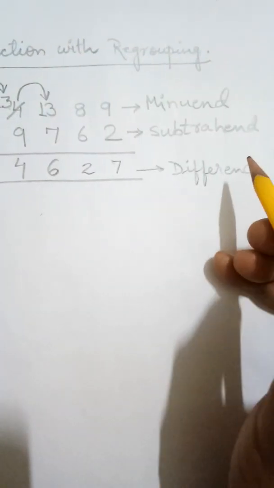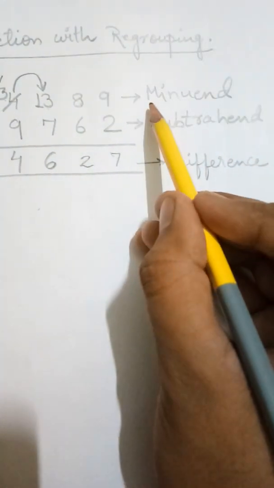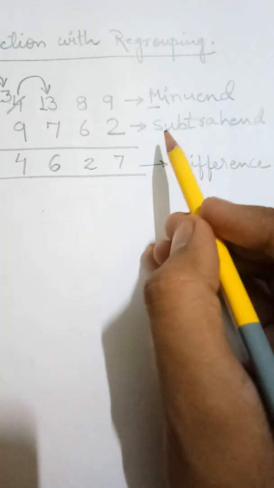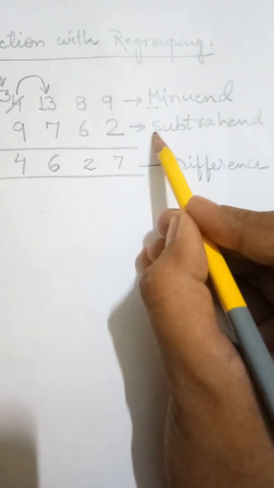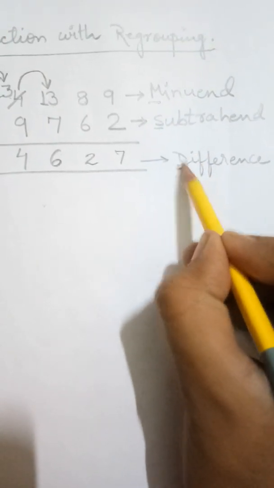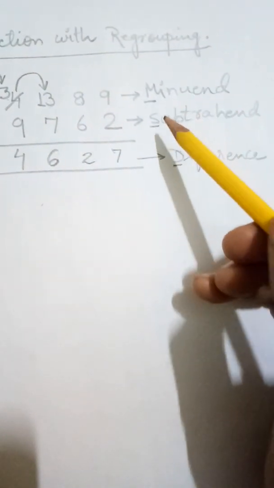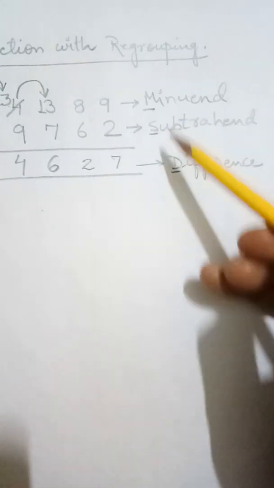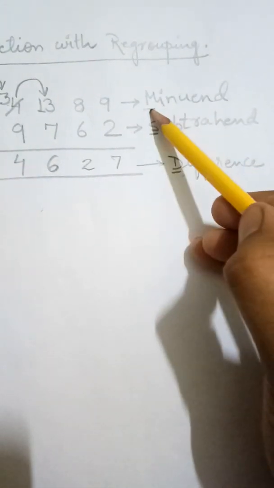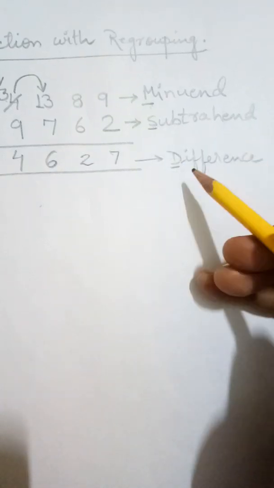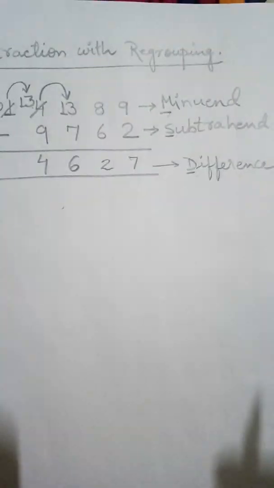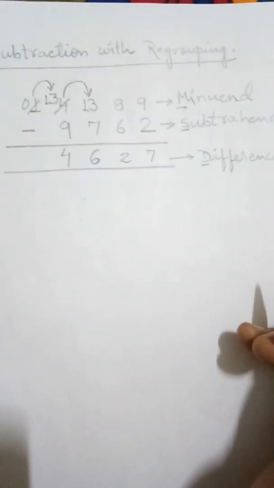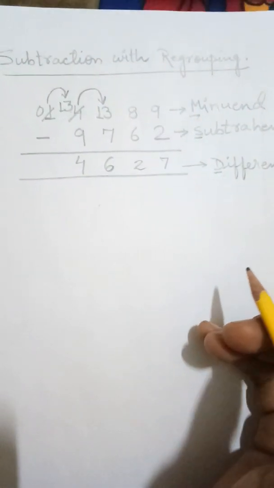To remember these terms, you take the first letter of these words: M, S and D. You can keep it in your mind using the term MSD, Mahendra Singh Dhoni. M for minuend, S for subtrahend and D for difference. These are the terms we should learn regarding subtraction.